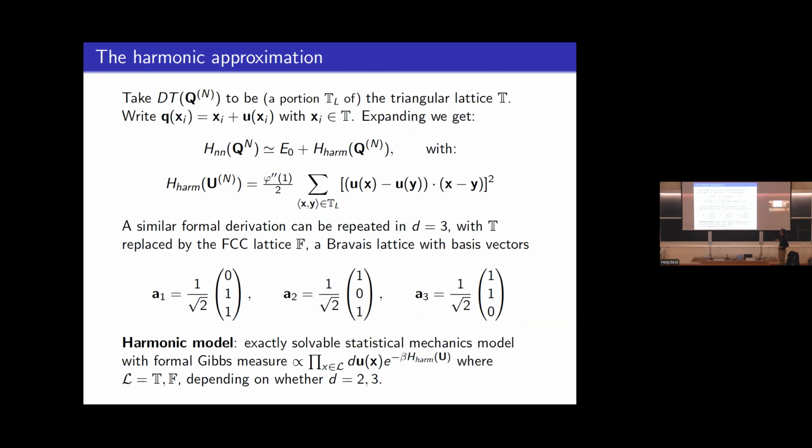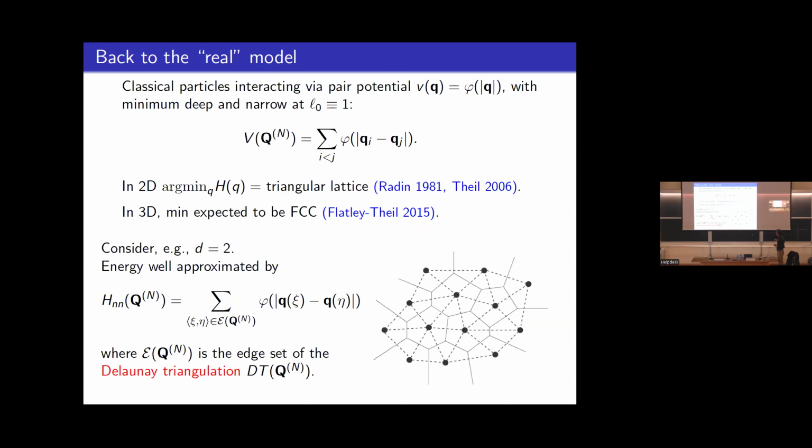Okay, here comes a more serious approximation that looks reasonable, but it's not so reasonable. So let's say that the Delaunay triangulation is isomorphic to the standard triangular lattice. This looks reasonable, but it's not so reasonable because this excludes, for instance, the presence of defects of this sort in which the incidence number is different.